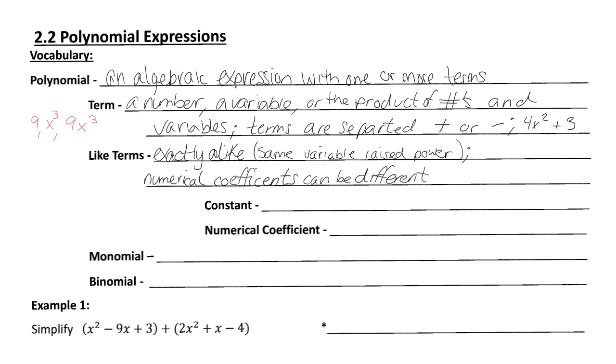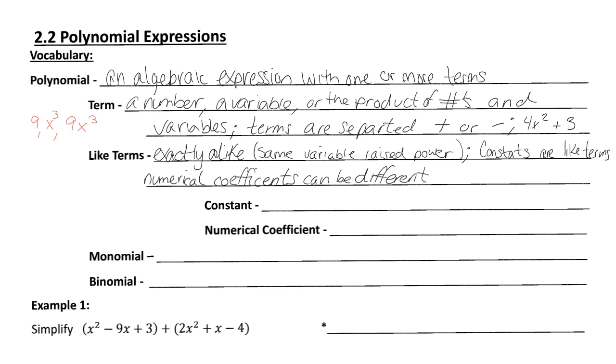The other thing to go back to before we talk about numerical coefficients is that constants are like terms. Anything that's the same variable to the same power are like terms, but it doesn't matter what that number is out front. So it could be like 3x squared and 4x squared. As long as it's both x to the second power, they're still like terms.